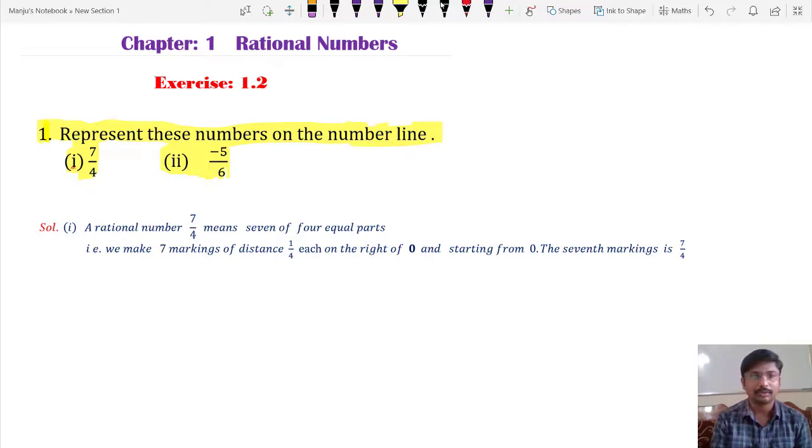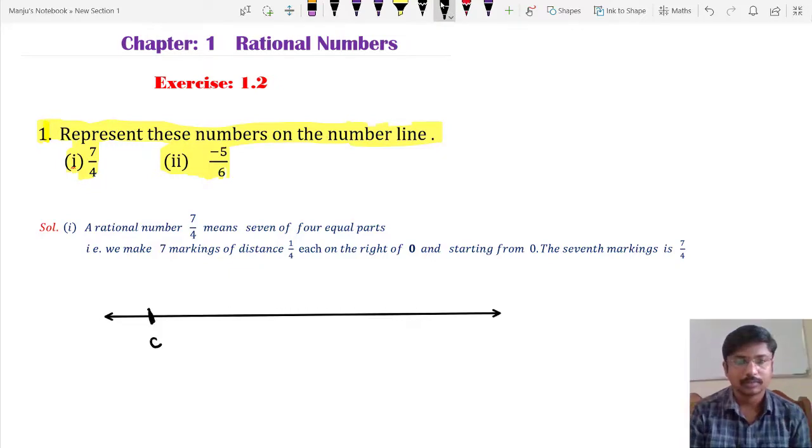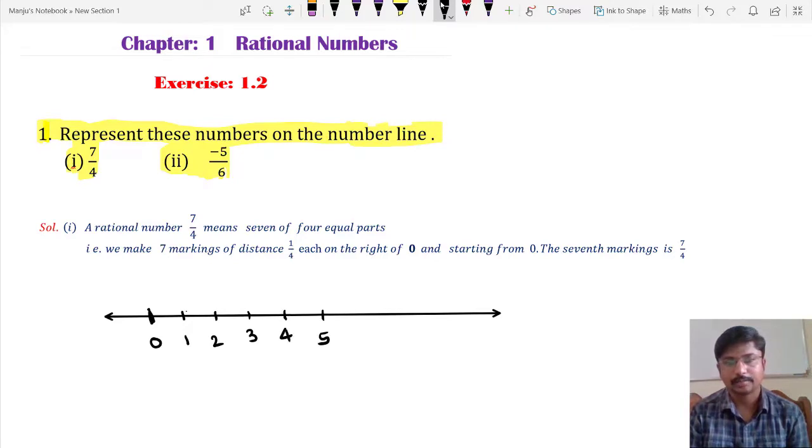Okay, let us draw that one. Consider a number line here. Consider this point as 0, 1, 2, 3, 4, 5, 6 and 7.